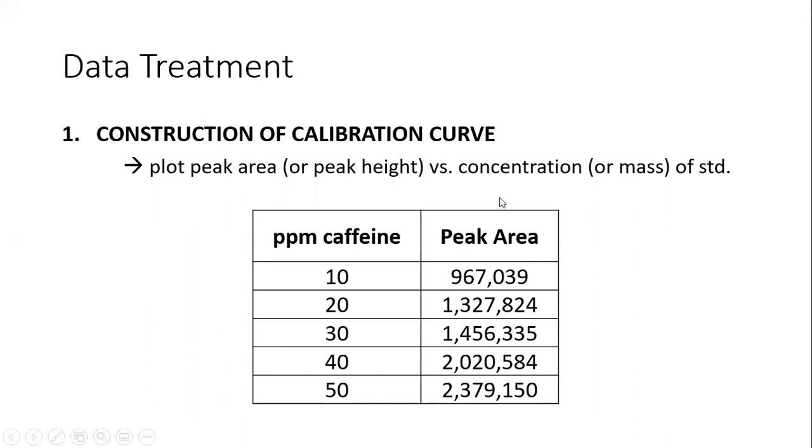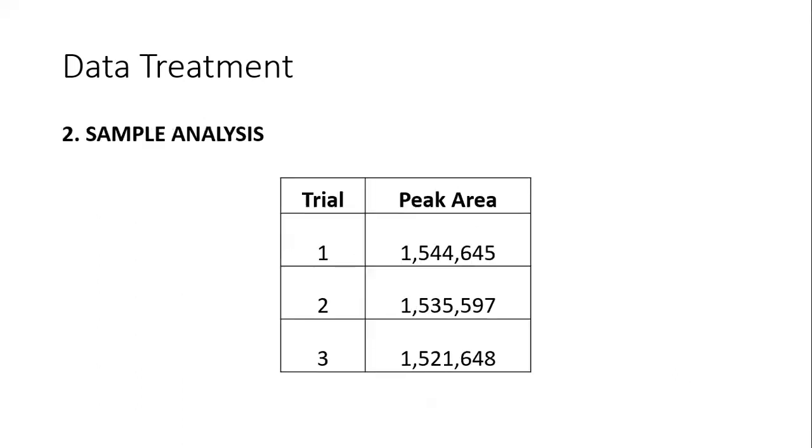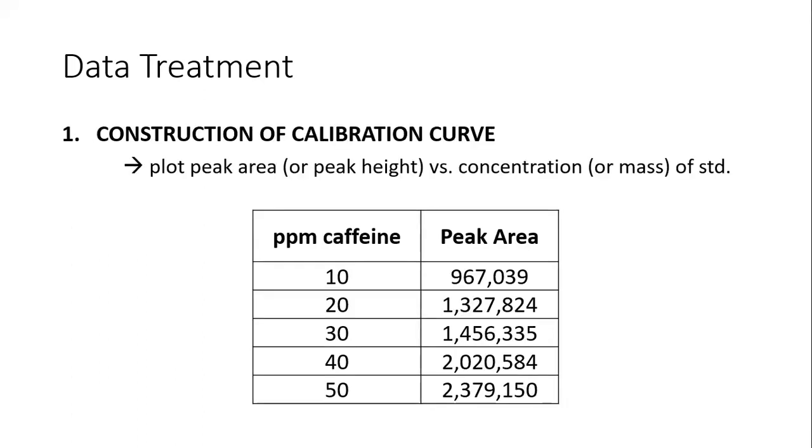So itong peak area, these are unitless. So arbitrary lang yung units. So after constructing your calibration curve, you could now use the calibration curve to determine the concentration of your analyte in the sample. So again, yung data na to, try to do it on your own and then check the experiment module if you obtain the same.